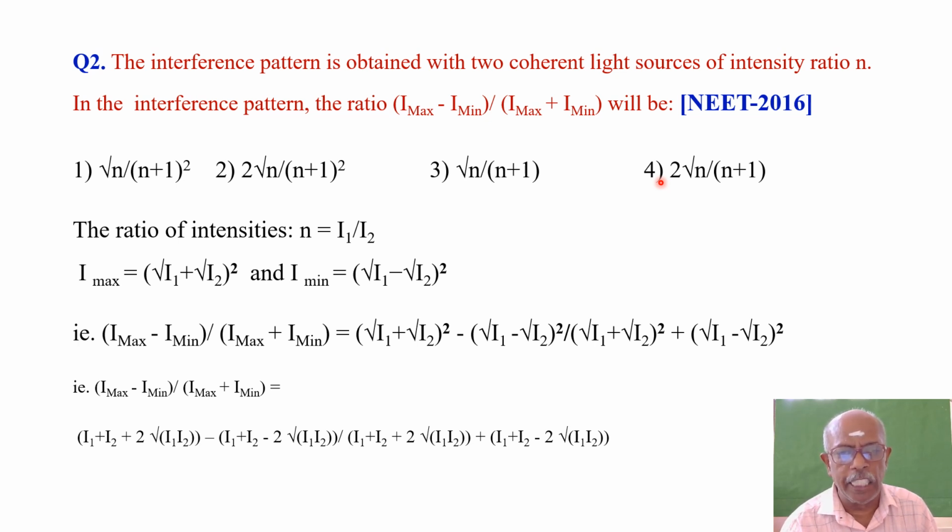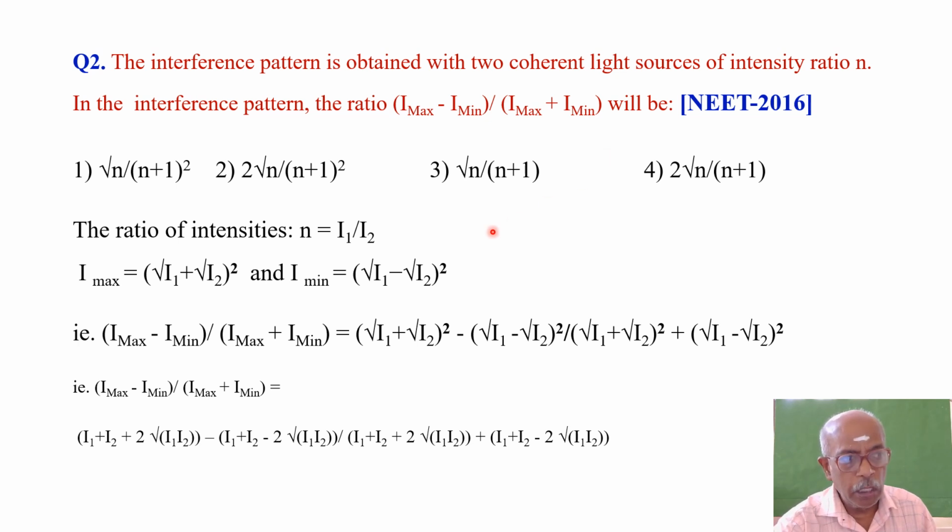What has been given in the question is the ratio of intensities. Small n is equal to I1 by I2. So you have to find this ratio. For that matter, you have to know the value of Imax and Iminimum. Then only you can find Imax minus Iminimum divided by Imax plus Iminimum.